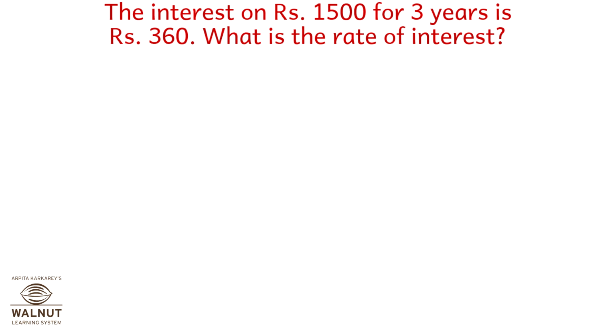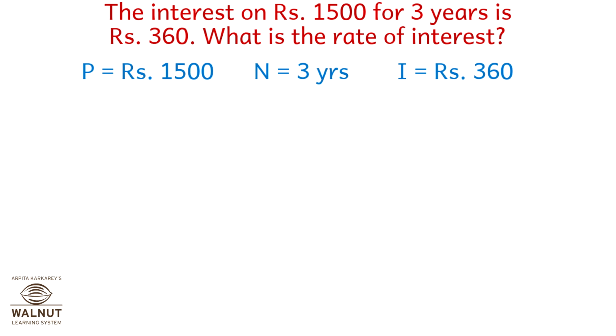The interest on rupees 1500 for 3 years is rupees 360. What is the rate of interest? P is equal to rupees 1500. N is 3 years. I is rupees 360. What is R?